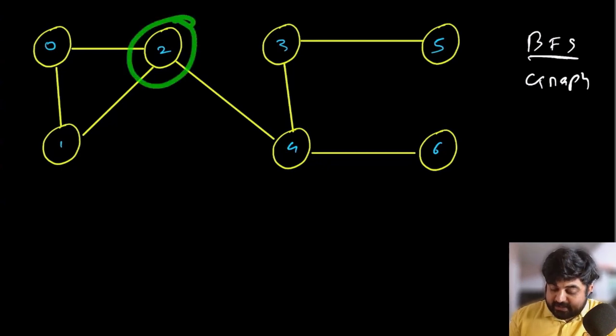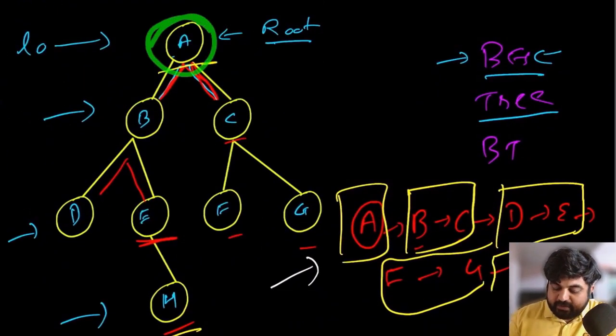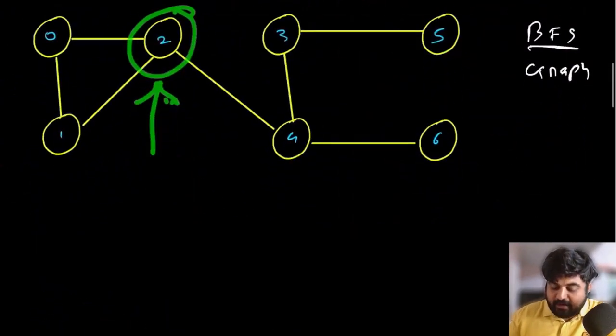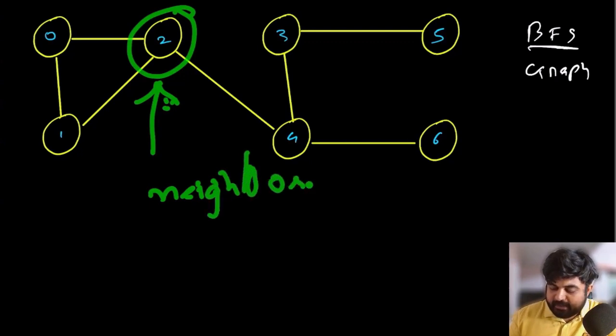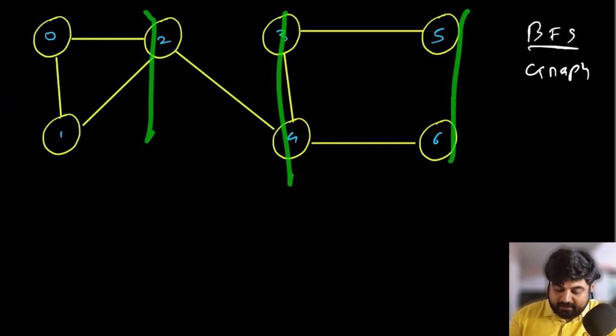And just like in a tree, where we iterated the children of any given node before visiting its grandchildren, in a graph we don't have children, but we have neighbors. So we are going to apply the same logic: iterate the neighbors of any particular node before iterating their neighbors, going level by level in this fashion.